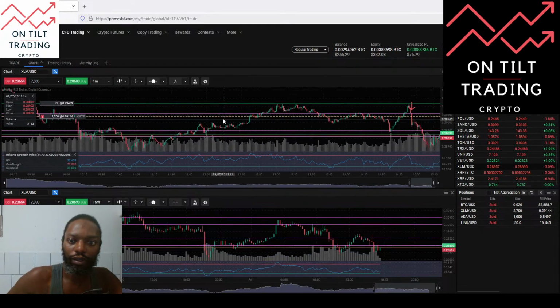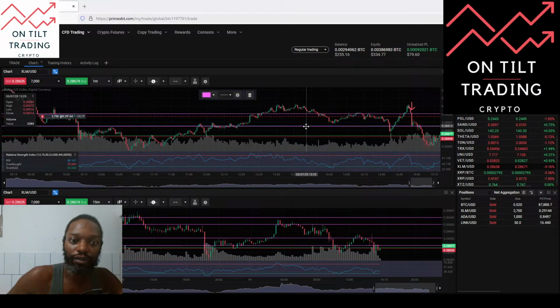Okay, and you can see here I've got my stop loss. I've got my stop loss up here, and it's set just a few cents above this pivot high that's right here.